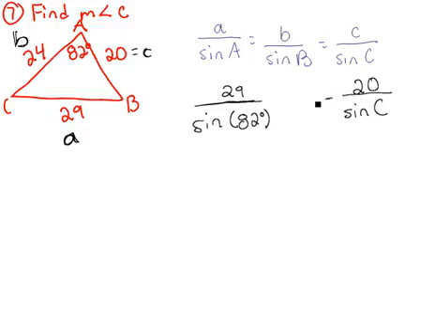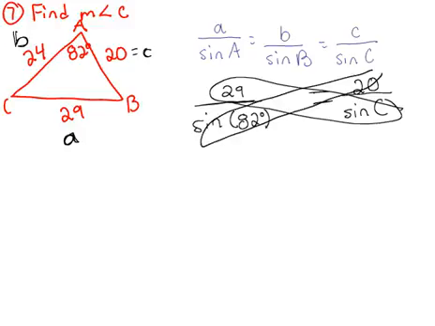So this is just a proportion. So we're just cross multiplying as we've always done to solve proportions. So we have 29 times the sine of angle C is equal to 20 times the sine of 82 degrees.